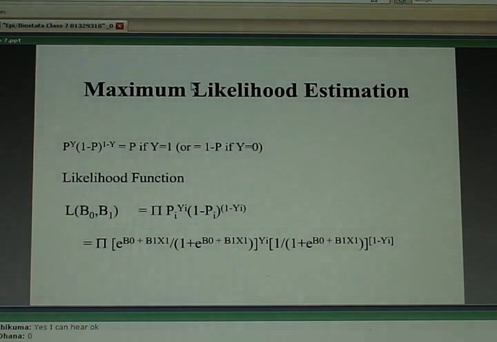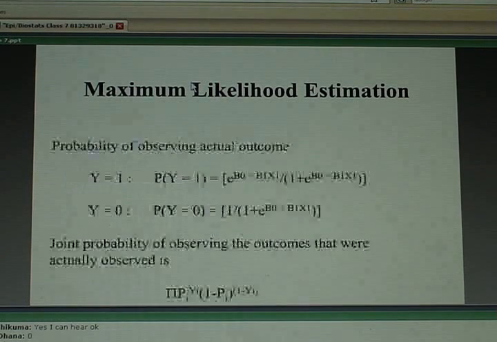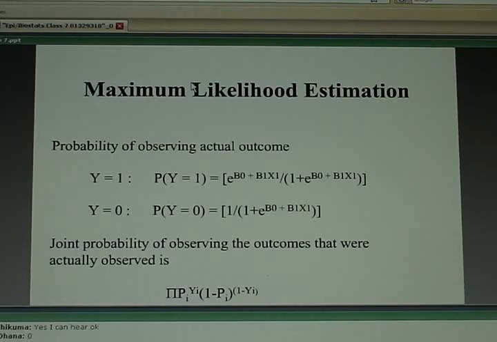So this expression on the previous slide just stands for 1,363 p's and 1 minus p's being multiplied together. 268 of them are p's, and the other 1,000 and some odd are 1 minus p's, because 268 people got disease and the rest didn't.